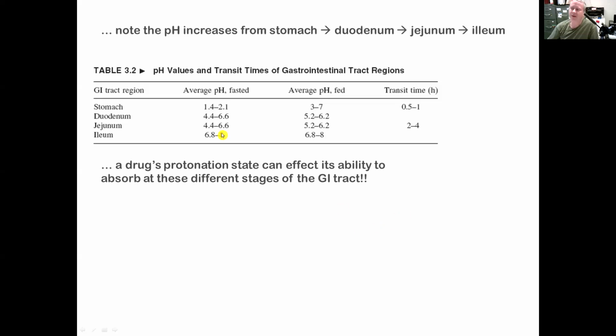And the other thing, do you think ionic molecules or neutral molecules are best to transition through a membrane, like your intestinal membrane? Does that matter? Does it have to be ionic or neutral?